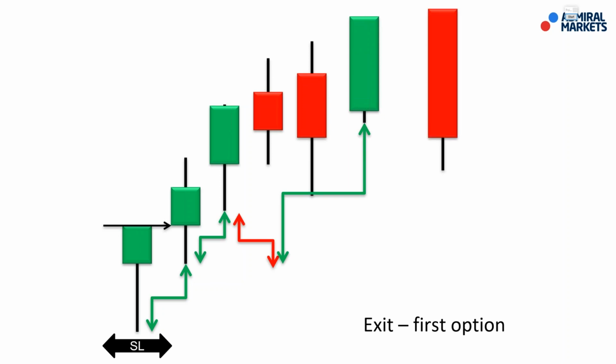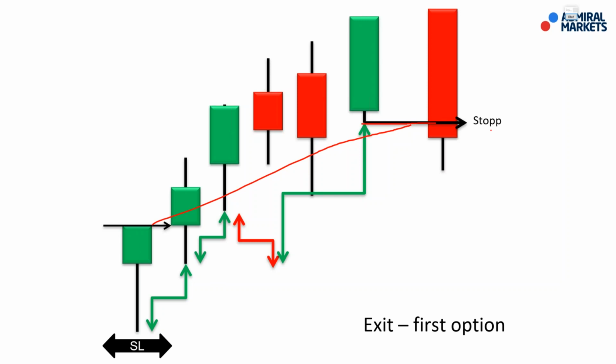You know your stop was placed here, and here you were stopped out. Now you have the winner from here to here. That's a winner. This is the first option to get out of this trade, an exit, automatically.